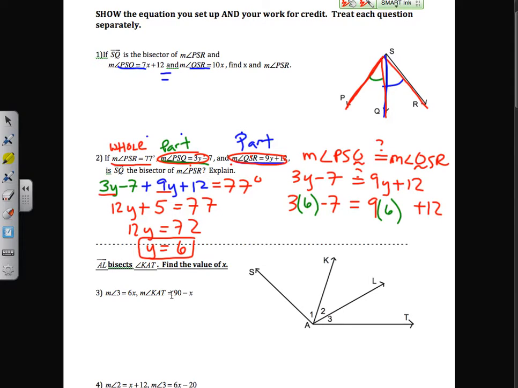Ooh, that already looks off. So this is 18 minus 7, this is 11, and this is 66. 11 degrees, which is PSQ, is not equal to 66 degrees. That is not an angle bisector. No way, no how. Oh, I can write over it. Cool, I can write in that black there. Okay, so that's how I would check.